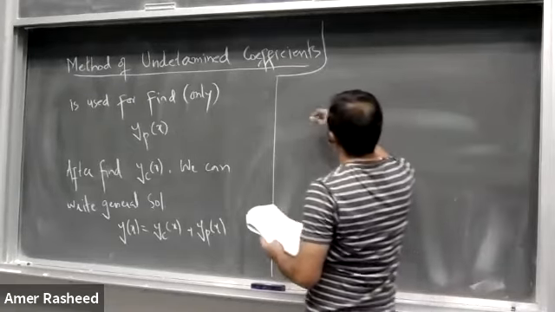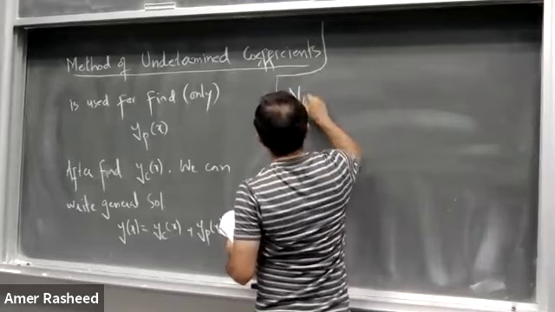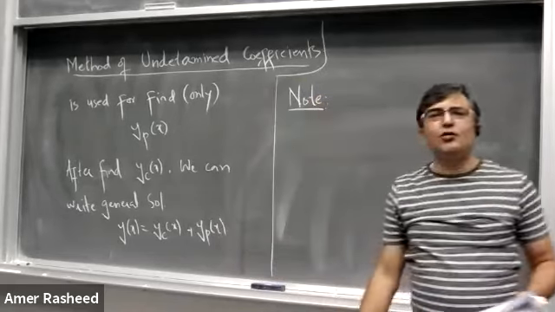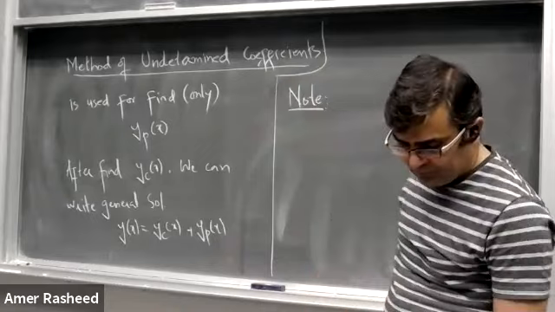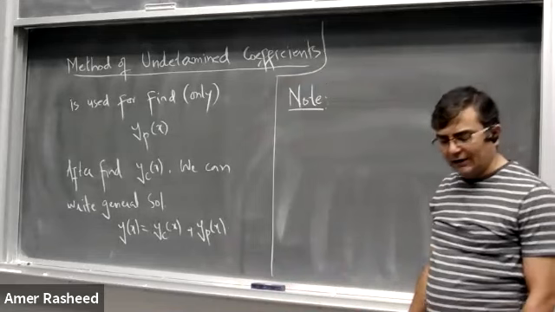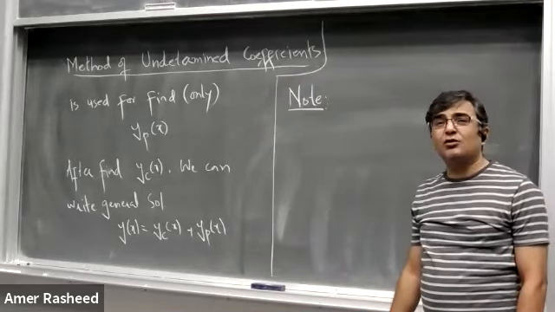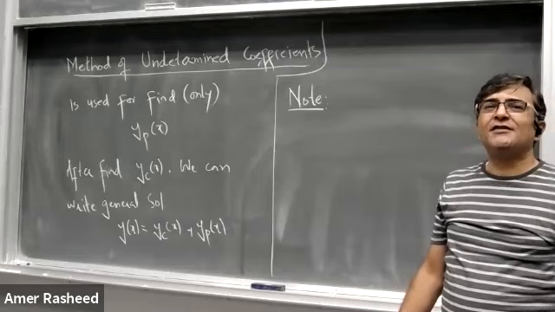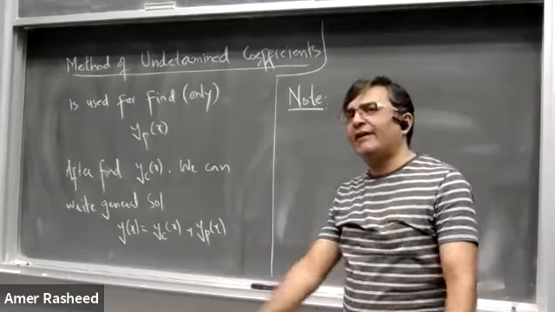But remember this note, or you can have a remark here. This method is not always helpful to find the particular integral. This method only works when we have some specific kind of right-hand side functions.